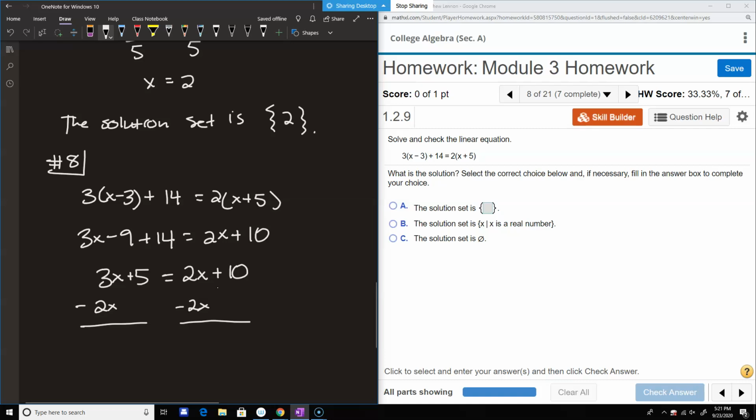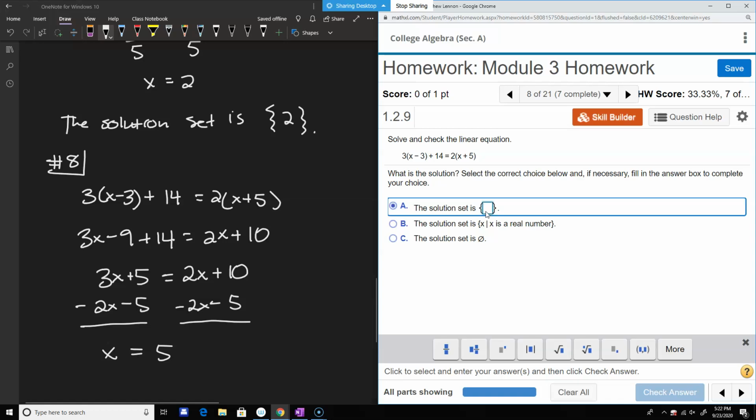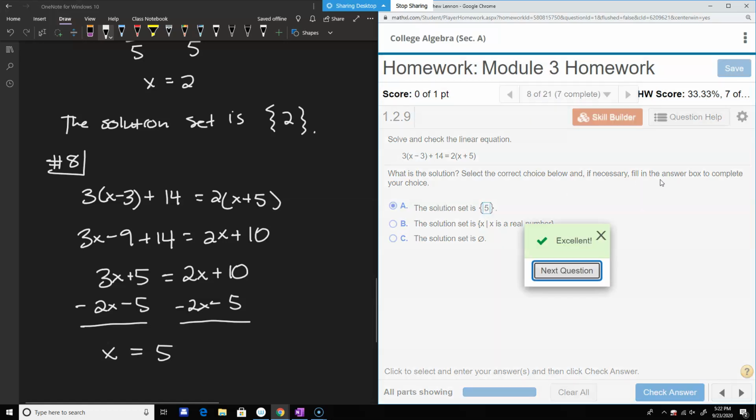So the regular number that's on the left-hand side is 5. To get rid of that, we're going to do minus 5 at the same time to both sides. So 3x minus 2x leaves you with x. The positive 5 and the negative 5 cancel out. And on the right-hand side, the 2x and the minus 2x add to 0, and 10 minus 5 will just add up to 5. So we have an answer of 5 on the right-hand side.